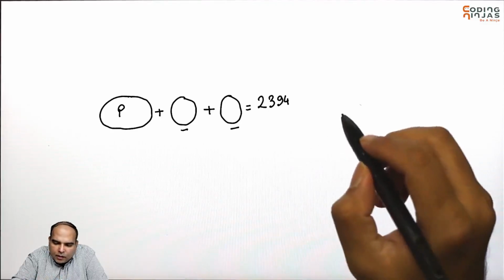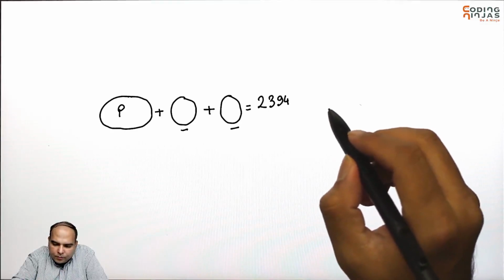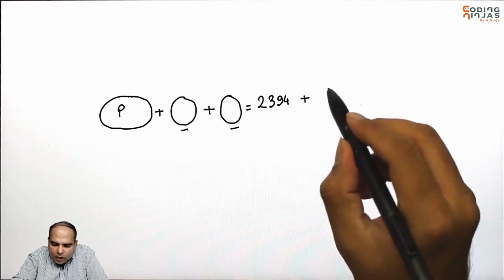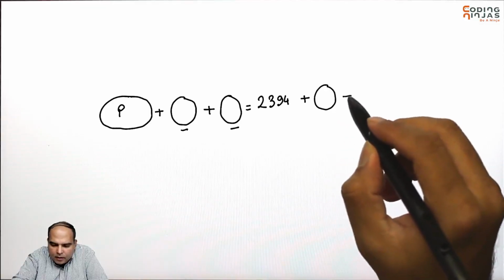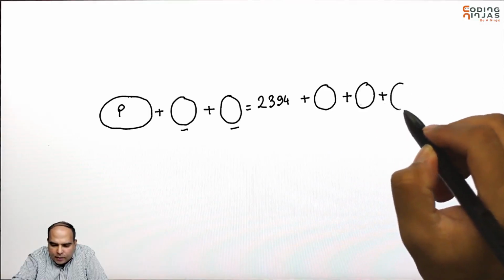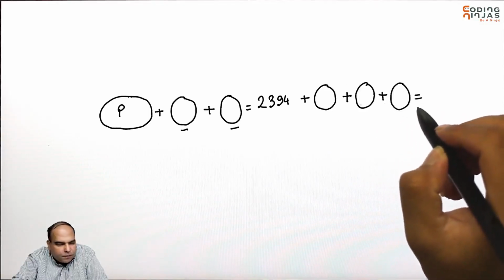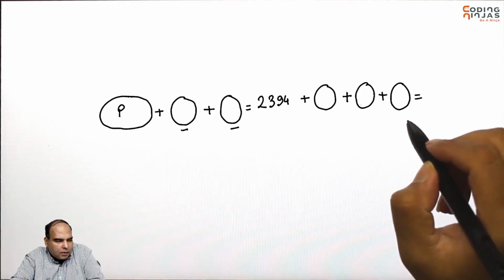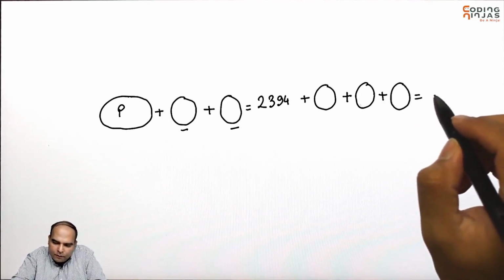And after another 3 years, you added the same interest again, and again, and again. So after 5 years, this amount became 2835.